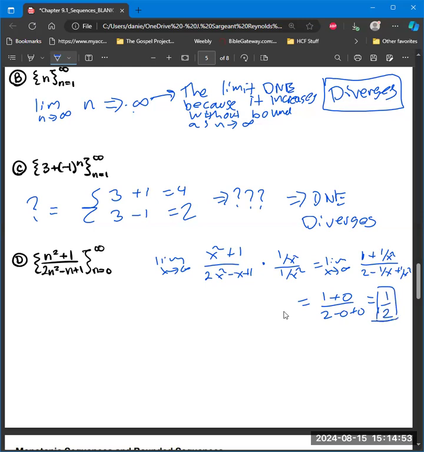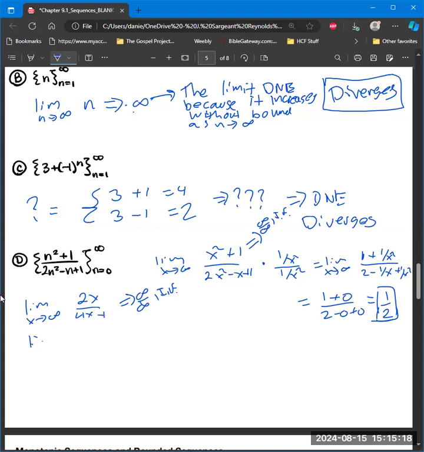If you wanted to use L'Hopital's rule instead, go right ahead. We'll get to the same place. I'll do that over here. Limit as x goes to infinity. If we did this, this would give me infinity over infinity as my indeterminate form. And I'd apply L'Hopital's rule. This is going to be 2x over 4x minus 1, which again goes to infinity over infinity as my indeterminate form.